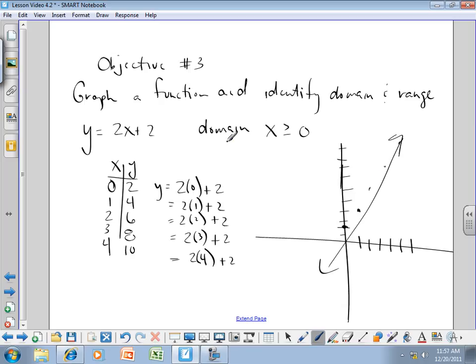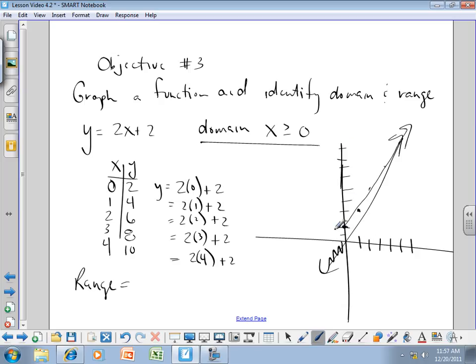They're going to give you a function. The only thing they did different was they limited the domain. They wouldn't let you use negative numbers now. Of course, that means we can't come down in here, can we? So the one question they're going to ask you then is, what's the range? Well, the range are the y values.